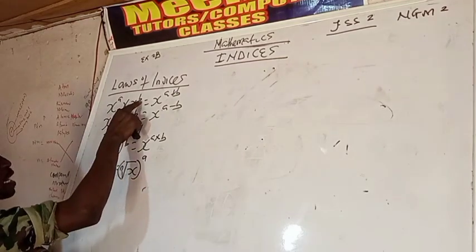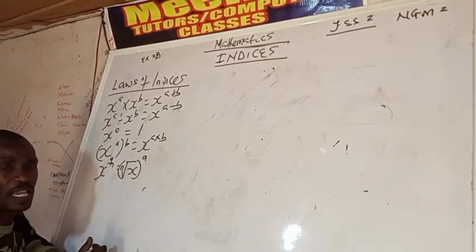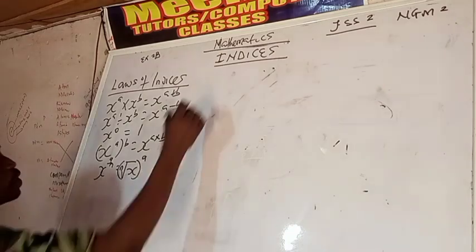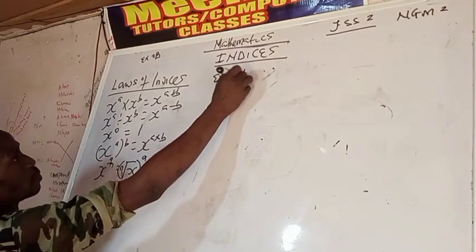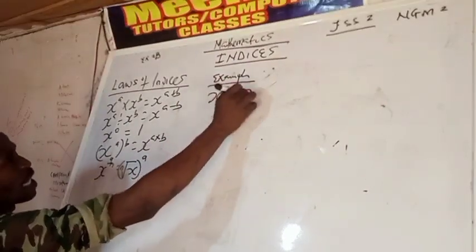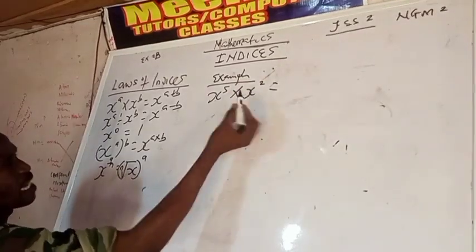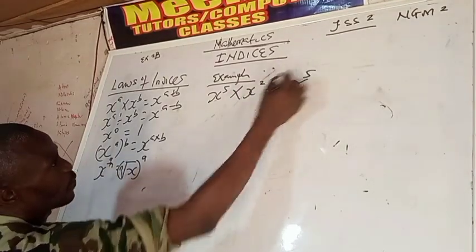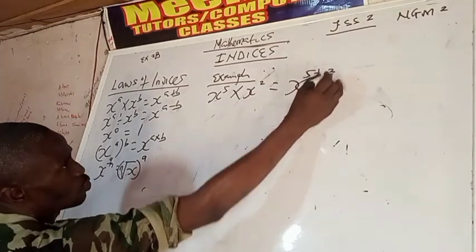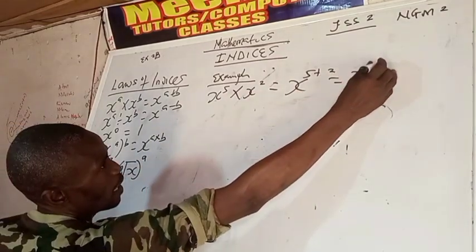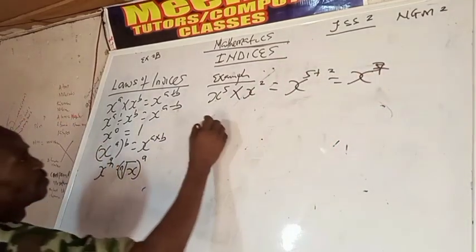S raised to power A times S raised to power B equals S raised to power A plus B. Example, law 1. See, S raised to power 5 times S raised to power 2. When you see multiplication, turn it to plus, so they become S raised to power 5 plus 2. That is S raised to power 7.